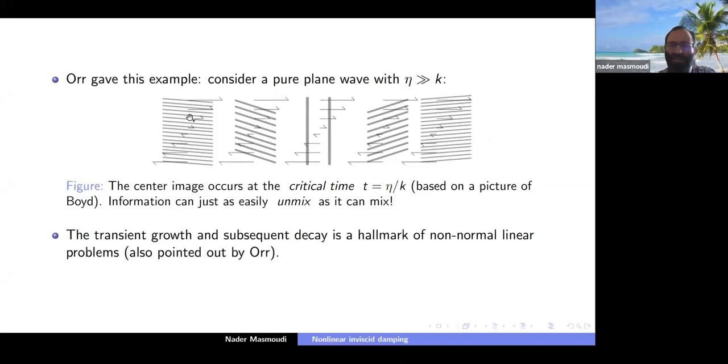So my solution will grow first and then decay. And this sort of growth then decay is what we call transient growth. It is behind what we call echoes, especially in the plasma physics equivalent of this problem.